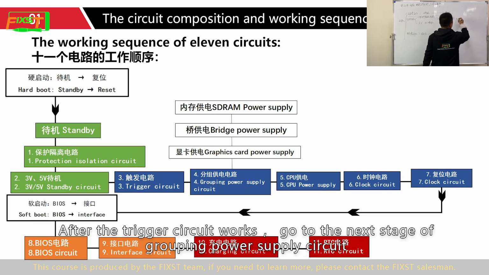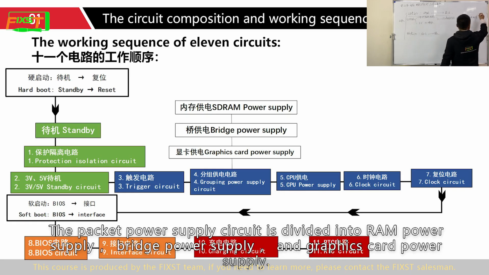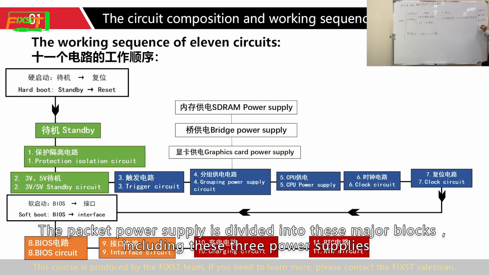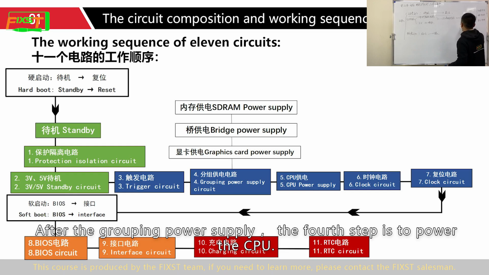After the trigger circuit works, we go to the next stage, the grouping power supply circuit. The grouping power supply circuit is divided into RAM power supply, bridge power supply, and graphics card power supply. After the grouping power supply, the fourth step is to power the CPU.